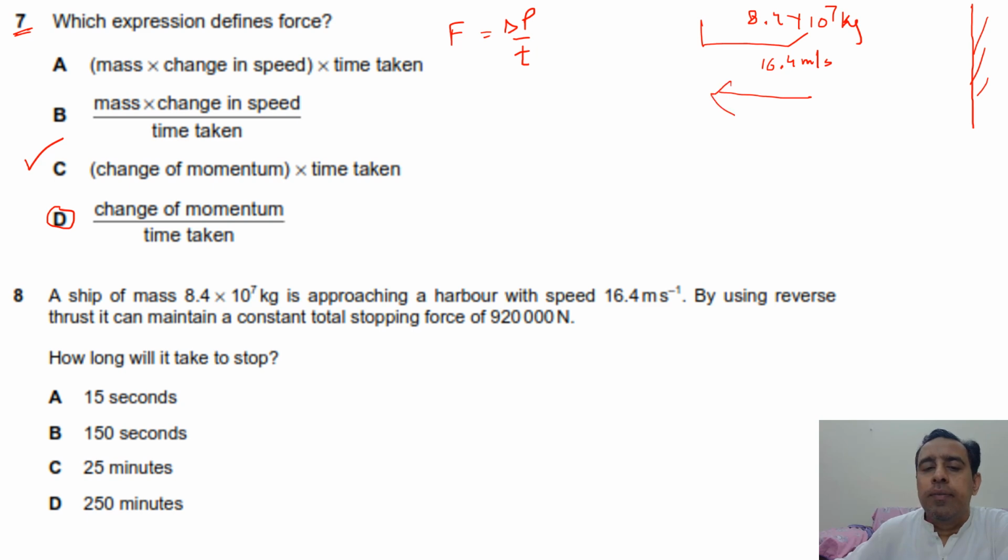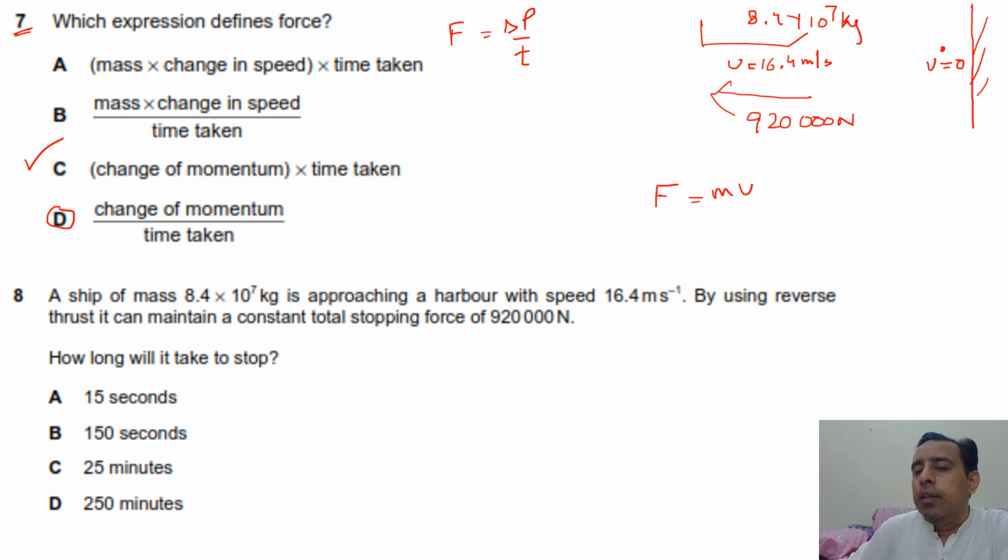The reverse thrust is actually a force, and this remains constant. How long it takes to stop means at this point somewhere its velocity becomes 0, and here its velocity is 16.4. So it means the opposing force is acting on it, the velocity is going to change, it means there is a change in the momentum.